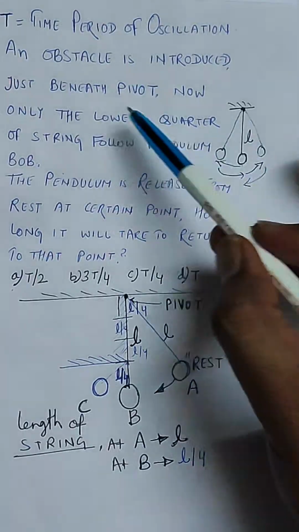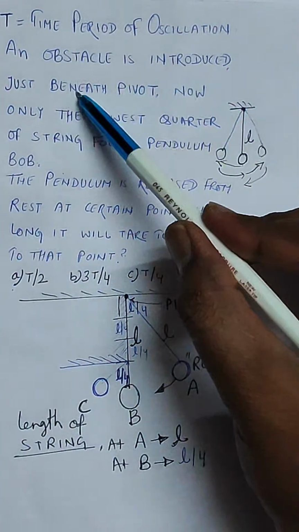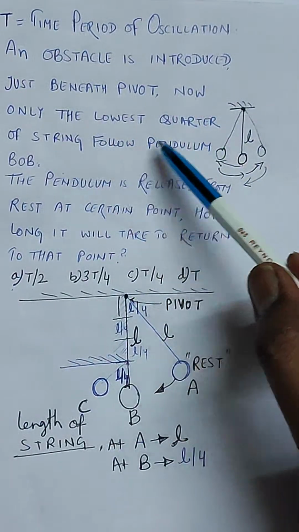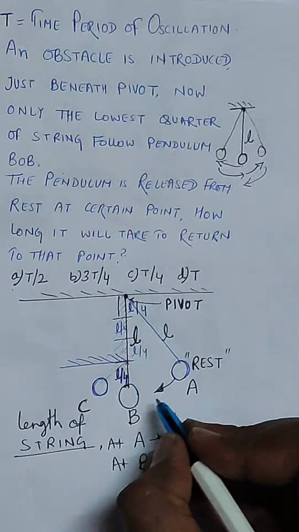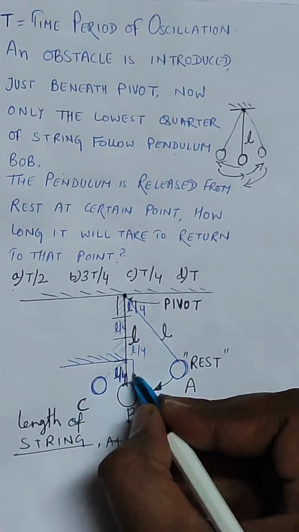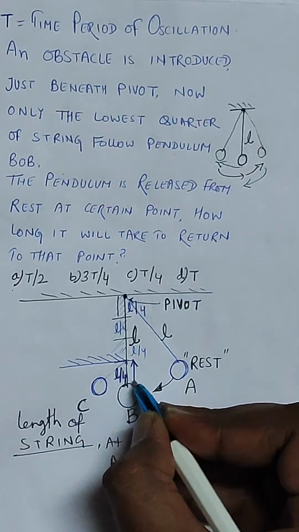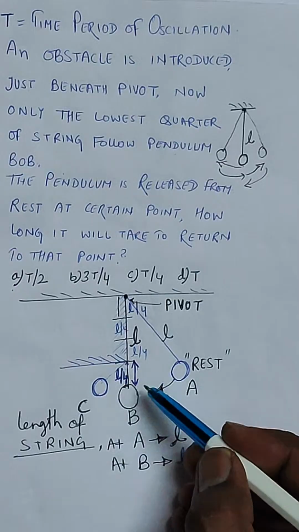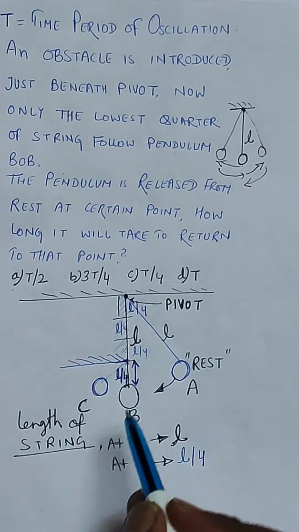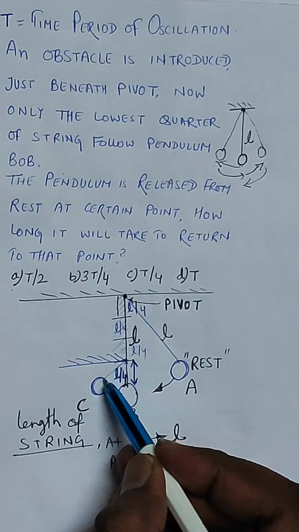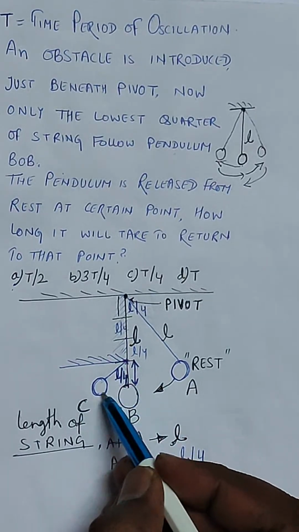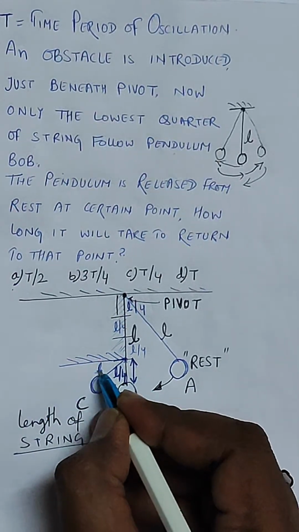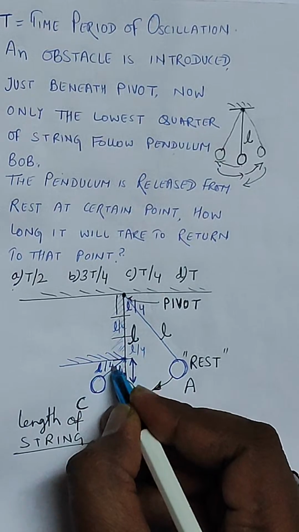Because it's given that an obstacle is introduced just beneath the pivot, and only the lowest quarter of the string follows the pendulum bob. So this length, L by 4, is used as the length of the string of the bob, and the obstacle restricts the flow. That's why the pendulum will be swinging with a length of L by 4. This is also L by 4.